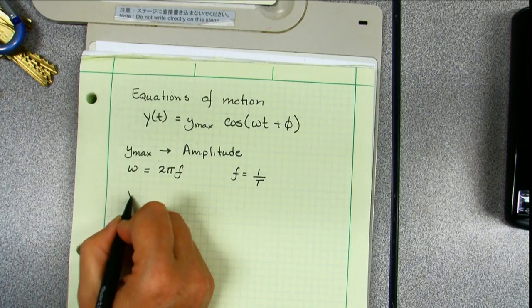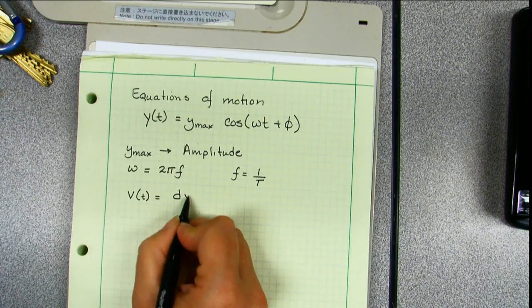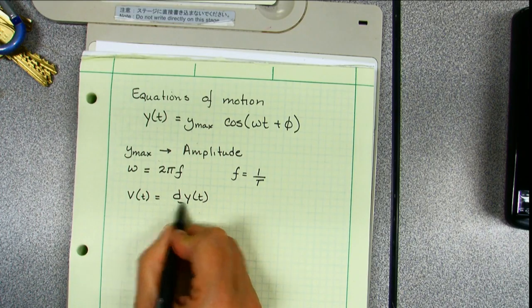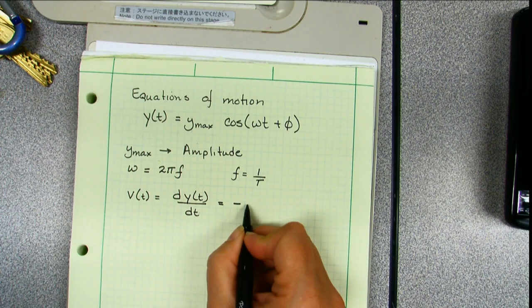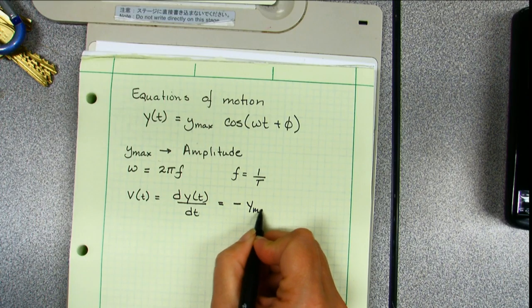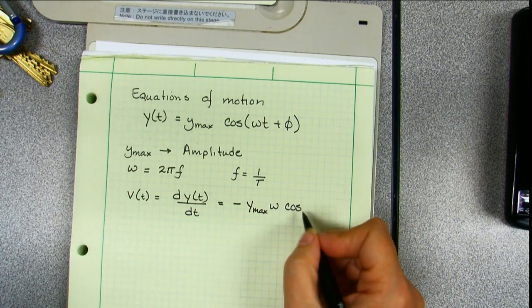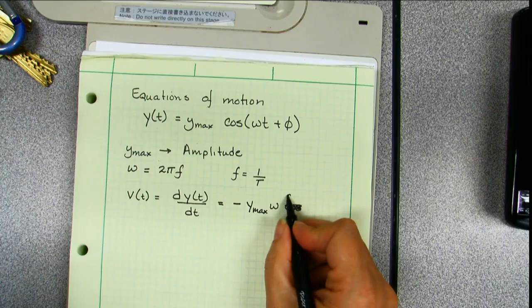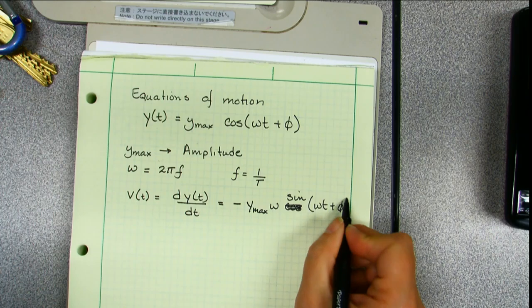Now, we know that velocity with respect to time is going to be our derivative with respect to time, and then we get a minus y max omega sine omega t plus phase angle.